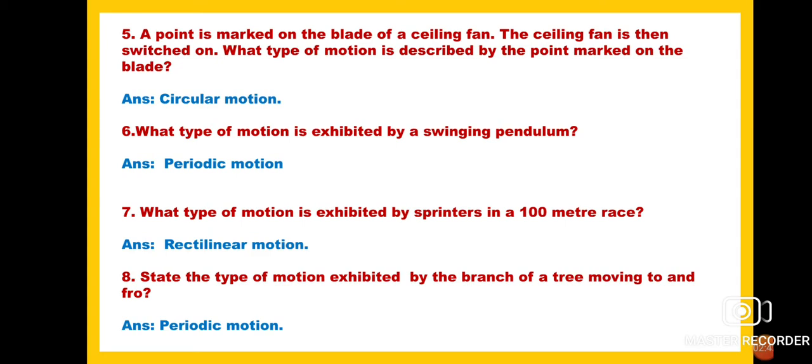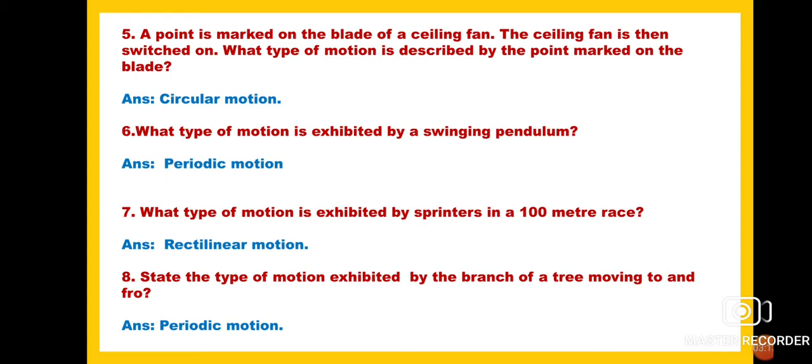If you mark a point on a blade and turn on the switch of the ceiling fan, then the blade will start moving in a circular path, isn't it? So since the point is present on the blade, the point marked on the blade of the ceiling fan is also exhibiting circular motion.